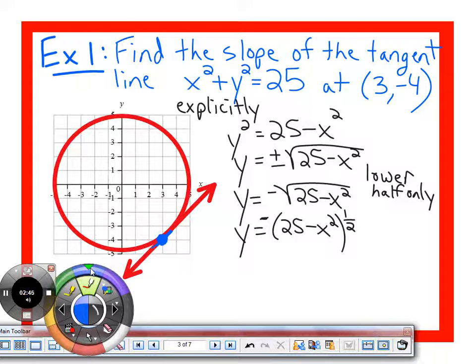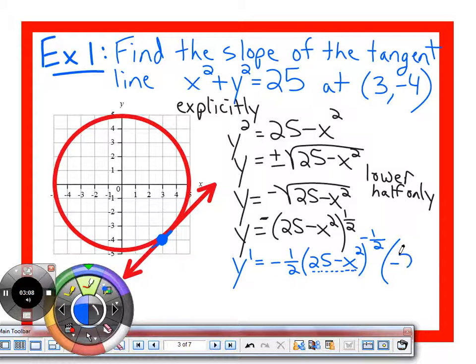Applying the power rule, y prime equals negative, 1/2, times the quantity 25 minus x squared, reduce the power by 1, so negative 1/2. But then we still have to find the derivative of the inside, chain rule, so that would be minus 2x. So there's the derivative. Let's simplify it a little bit.